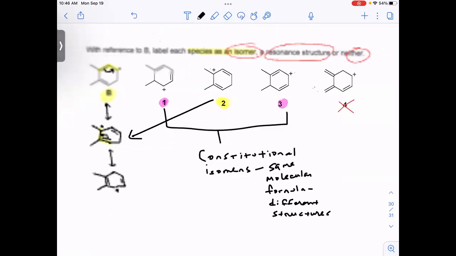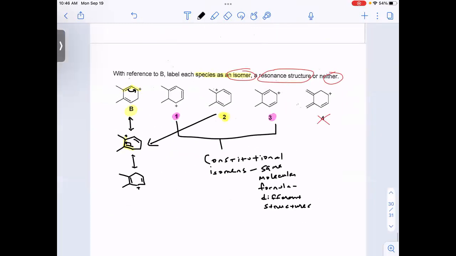You can see here, the structures are different in that the double bonds in 1 and 3, and the charges, are in different places. So the structures are not the same, right? So 1 and 3 would be considered constitutional isomers of B and not resonance forms.